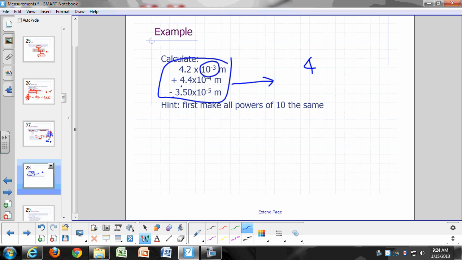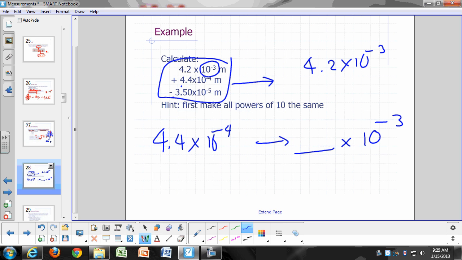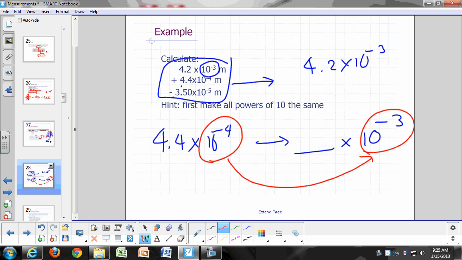So the first number, you keep it as 4.2 times 10 to the -3rd. The second one, 4.4 times 10 to the -4, you change to an expression that says something times 10 to the -3rd. I made my power of 10 larger, so I have to make my 4.4 smaller.